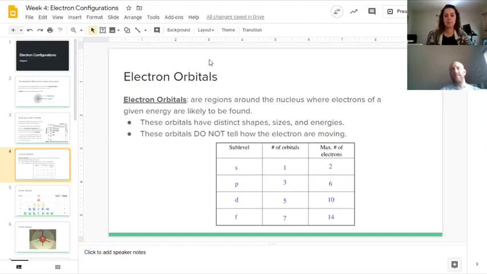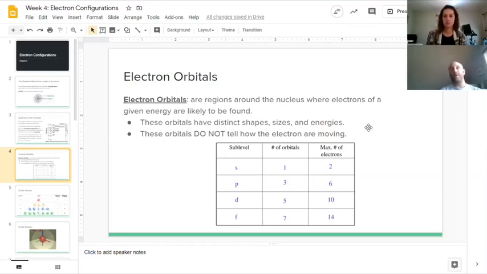Different types of sublevels have different numbers of orbitals. The important rule here, which is actually not on the slide, but I want you to highlight somewhere, is that an orbital at maximum, no matter what type of sublevel it's in, can only hold 2 electrons. As Mr. Riley said, different energy levels have different numbers of sublevels and different types of sublevels.